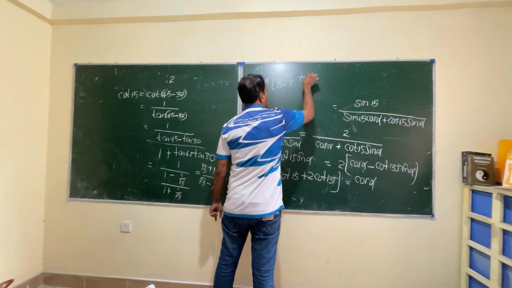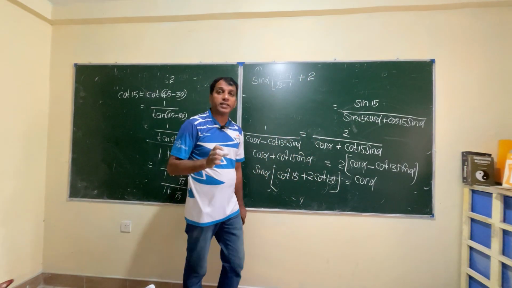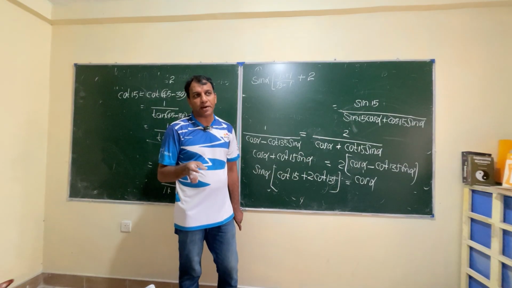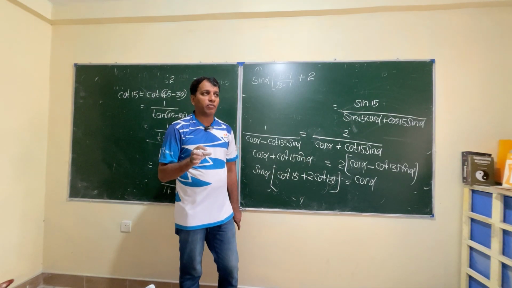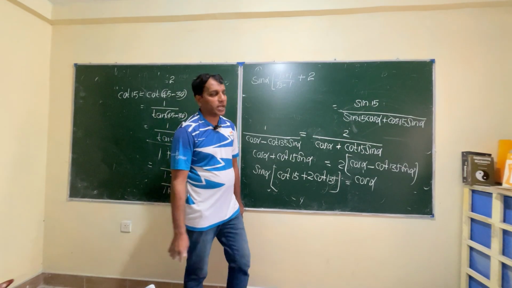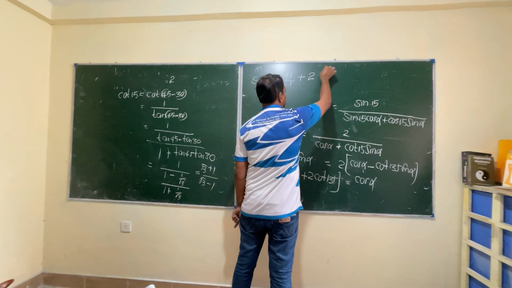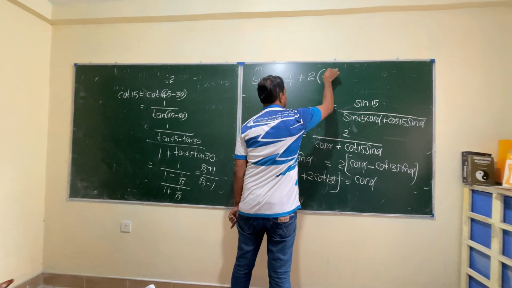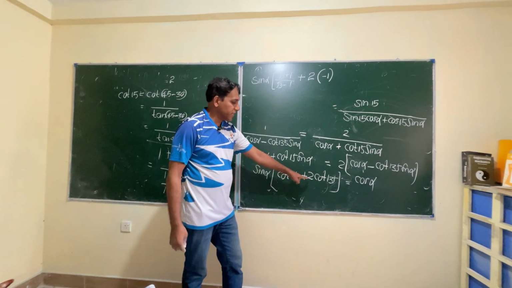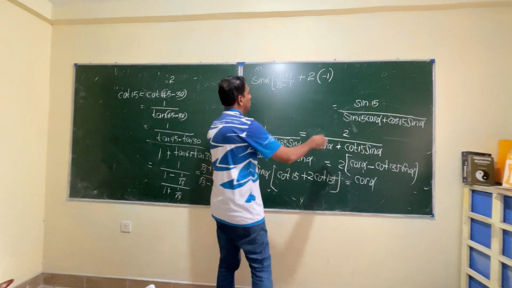Plus 2, what is cot 135? That is 1 over tan 135. Tan 135 is tan 90 plus 45. Second quadrant, tan is minus. Tan is minus 1. Cot 45 is 1. So there's a minus 1, right?